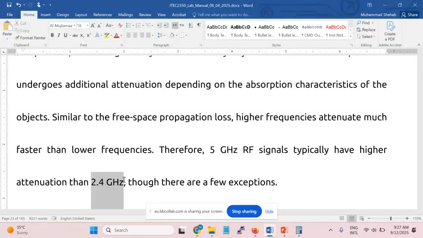Here the wavelength is larger than in the case of 5 gigahertz. 5 gigahertz is faster internet, but suitable if you are fixed in your place close to the router. If you are moving away, 2.4 has higher coverage.